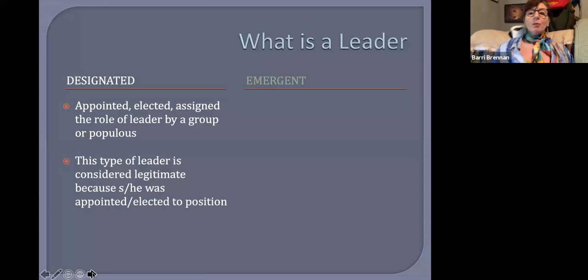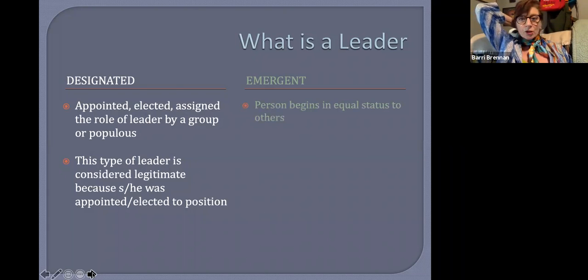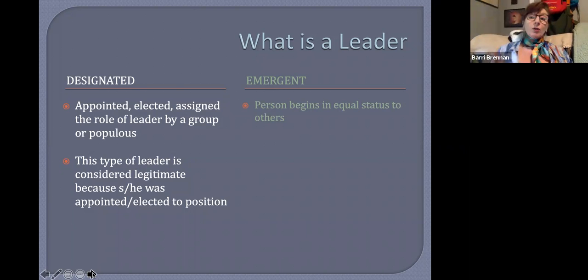Okay, as opposed to an emergent leader. An emergent leader is the person in your group, probably a member of your group, could be you, who has emerged in a leadership role, and the group has accepted that this person directs where the group is going.